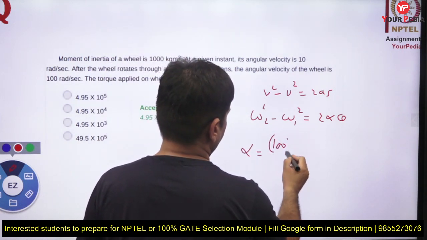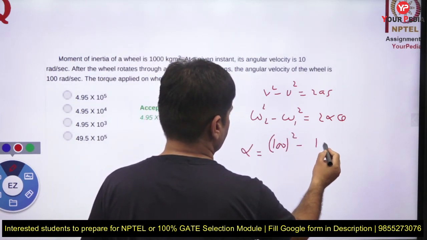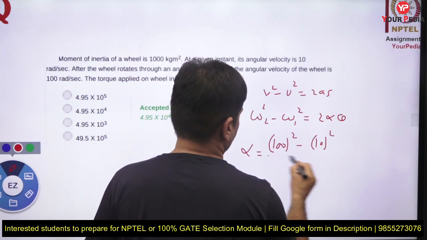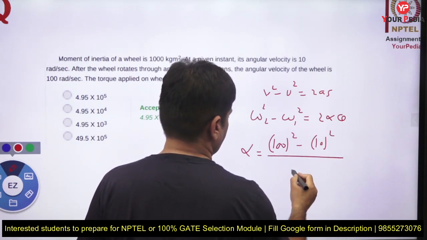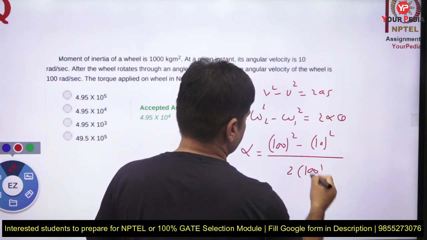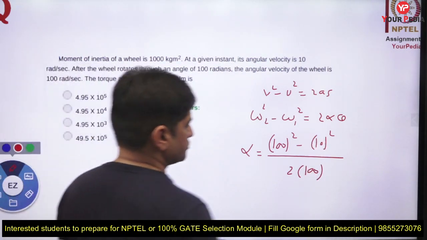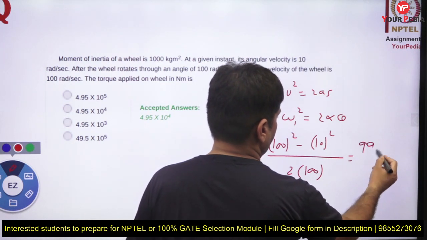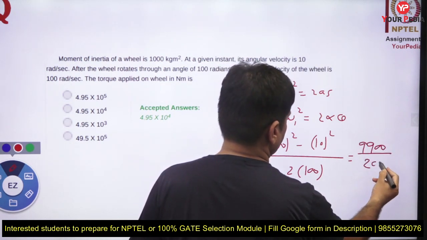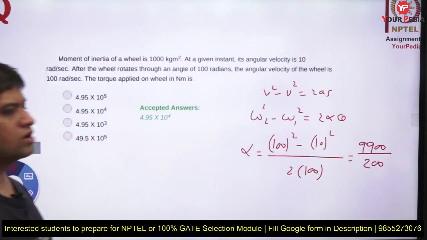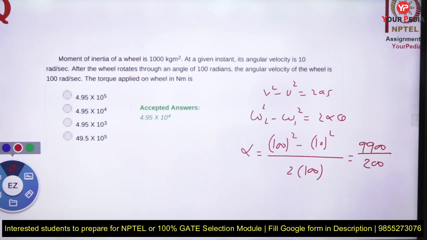We are given the final angular velocity as 100 radian per second, the initial angular velocity as 10 radian per second, and the angular displacement is 100 radian. If we calculate this value, it comes out to be 9900 divided by 200. That is the value of angular acceleration for us.